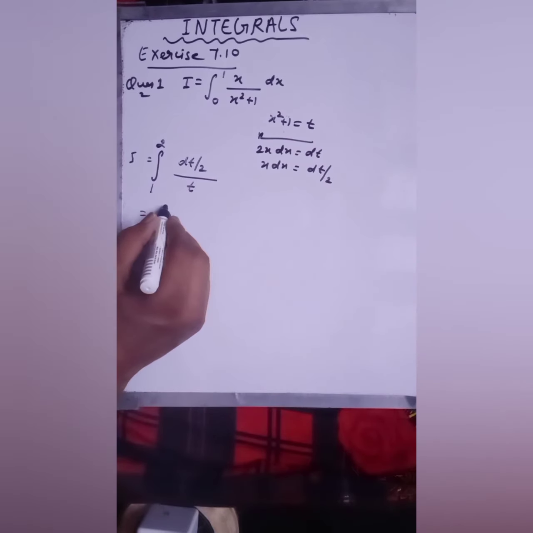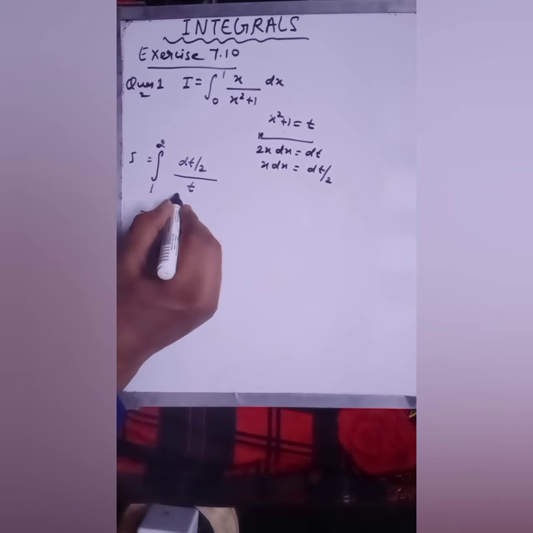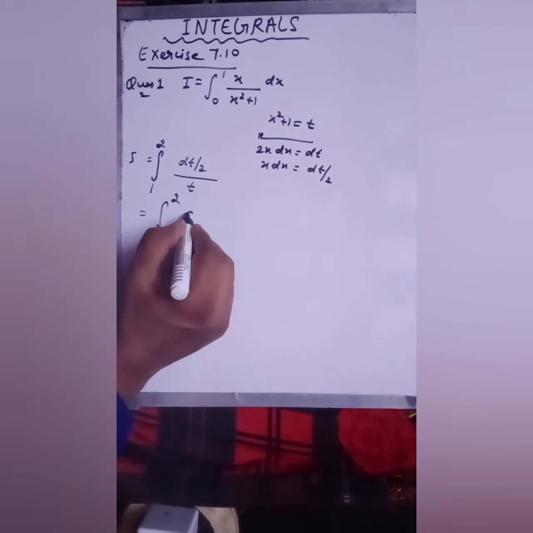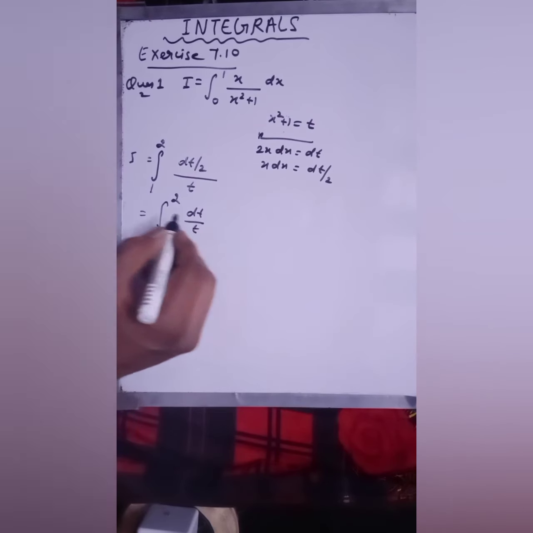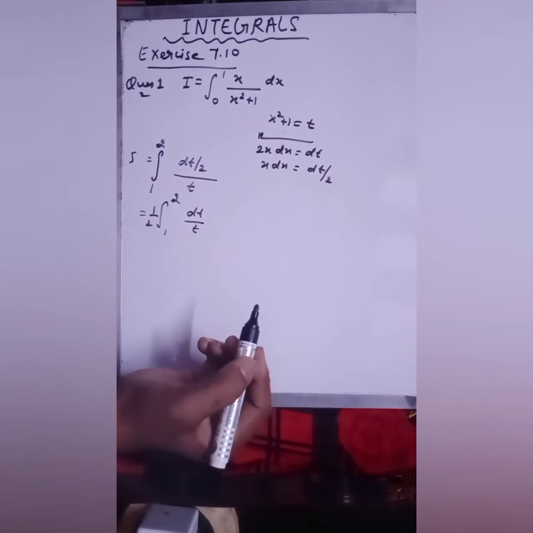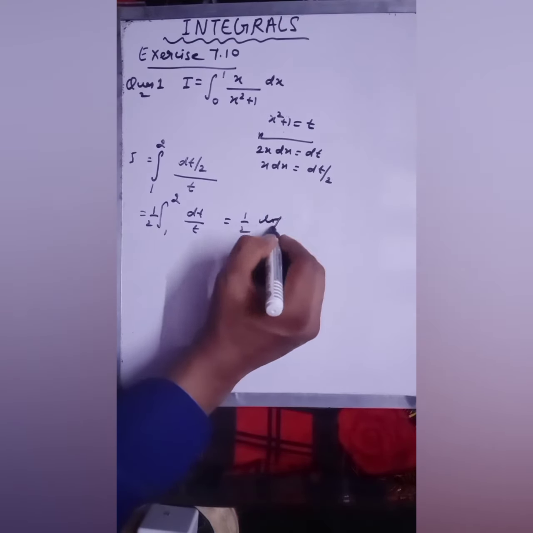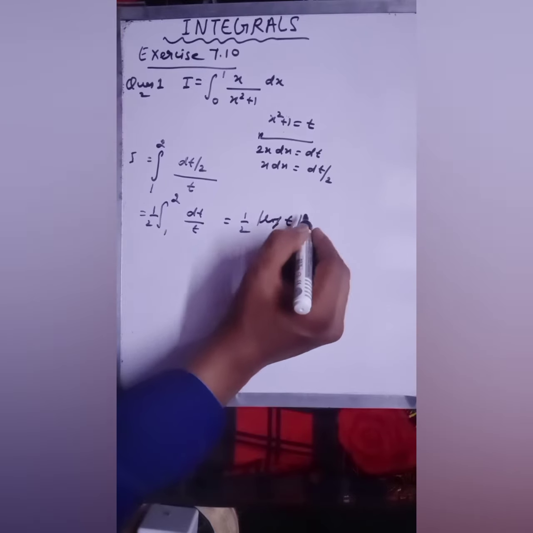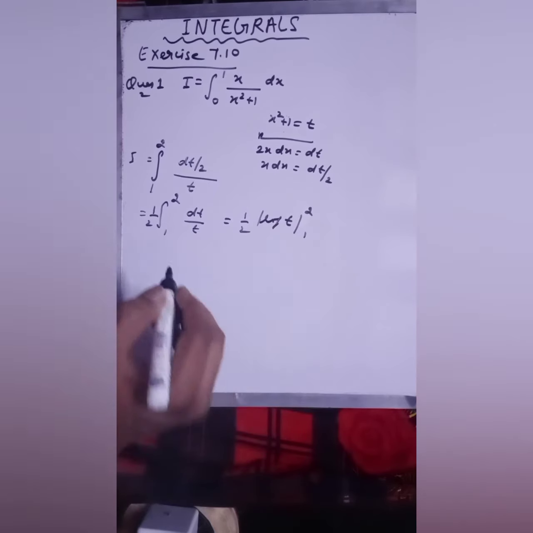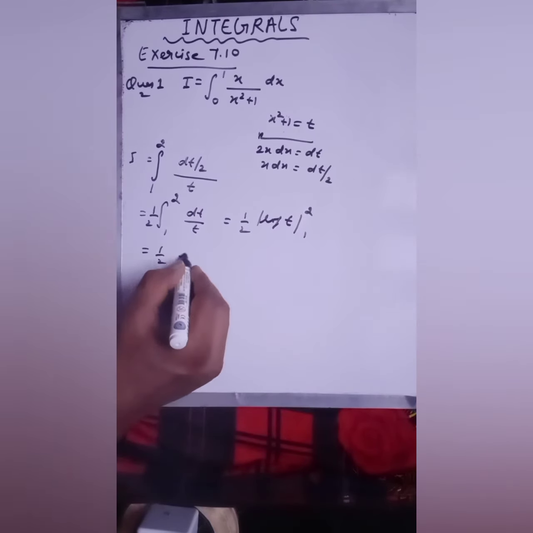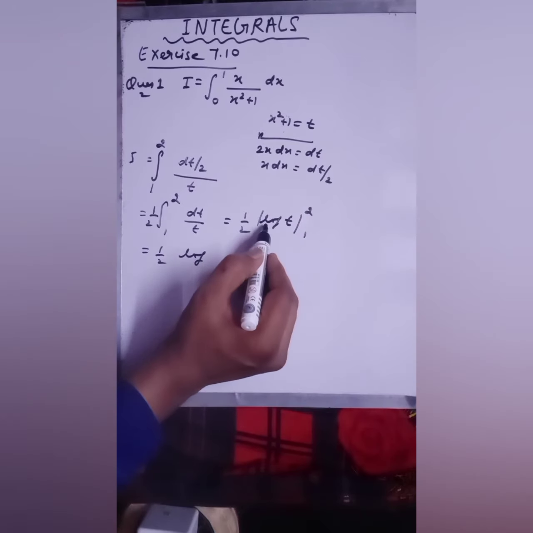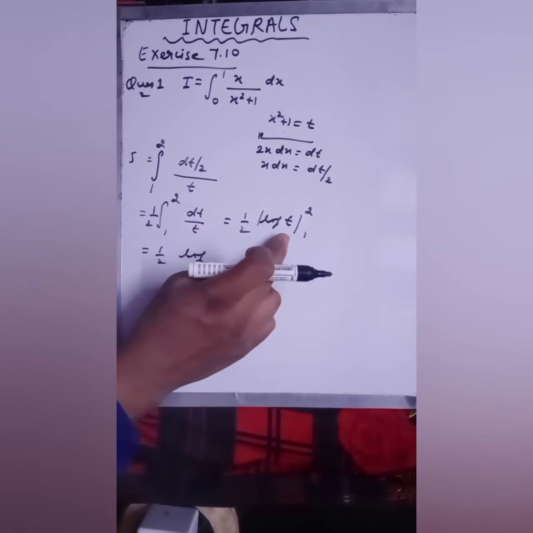So integration 1 to 2, this is dt by t, and 1 by 2 will come outside. This will give you half log t, with limits 1 to 2, because dt by t is log t.